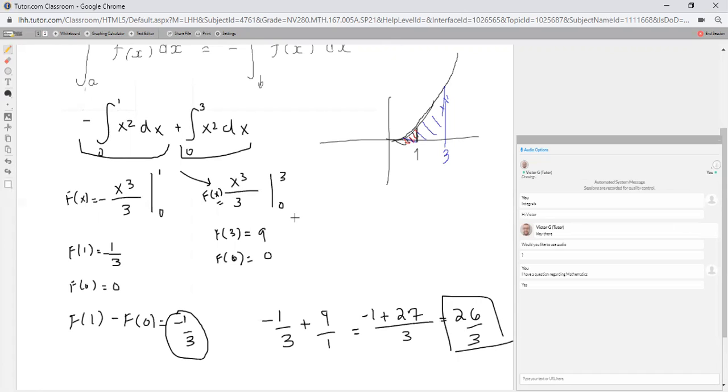So at the end, we just need to calculate the area between 1 and 3. Right. I see. Okay, interesting. So that's the geometrical relevance there. Yeah, exactly.